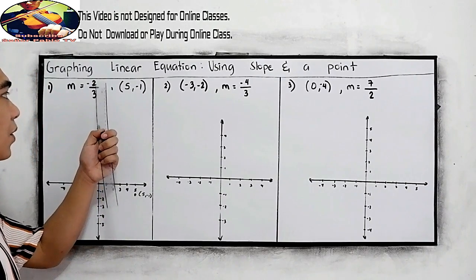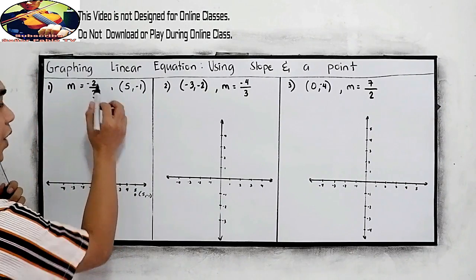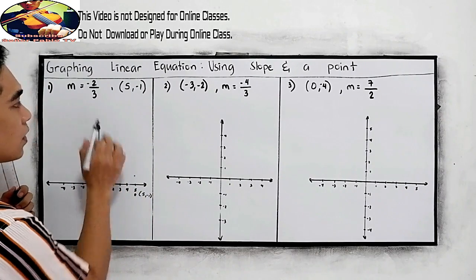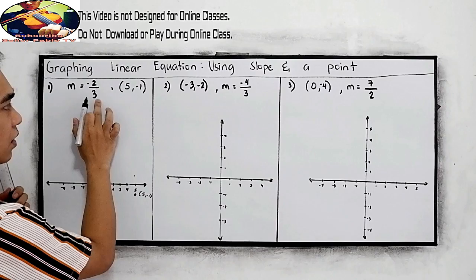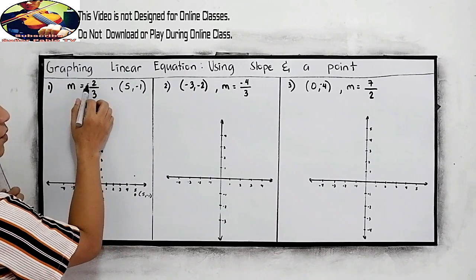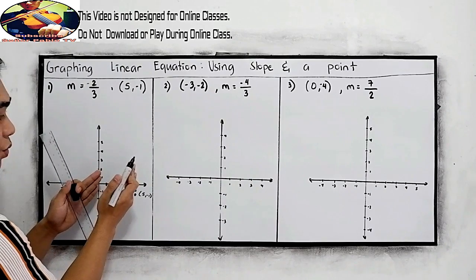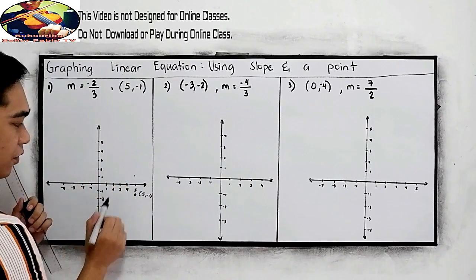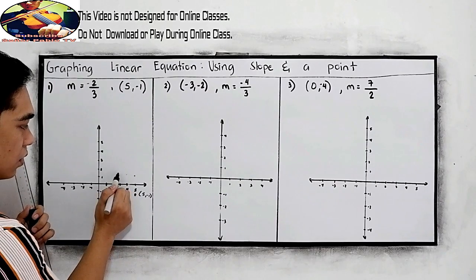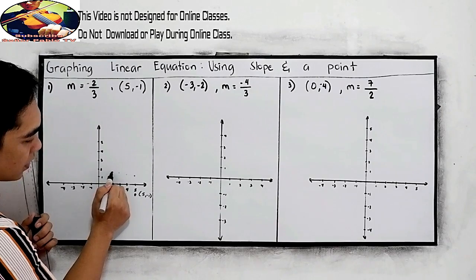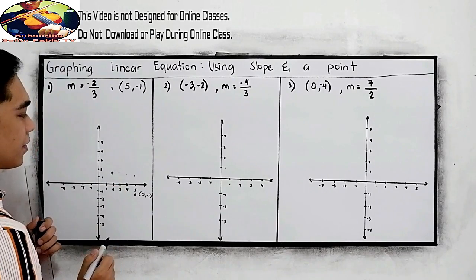Now, applying our rise over run. Rise: 1, 2, 3. Run, we have a negative, so we are going to run going left: 1, 2, 3. So our point is located here.